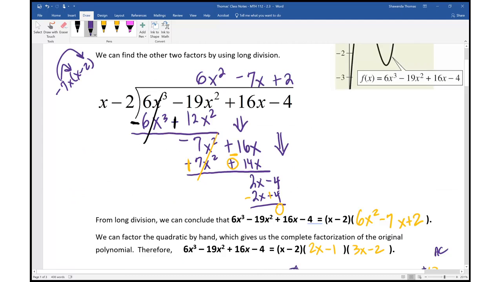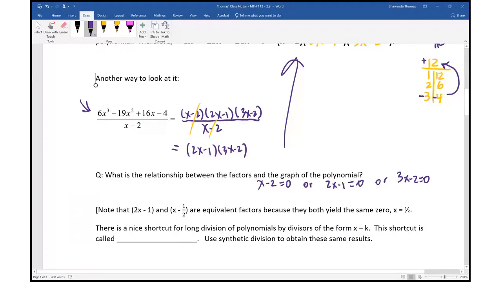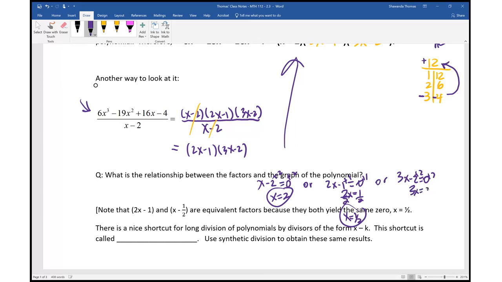So you add 2 here, you get that 2. Add 1, you get 2x equals 1, divided by 2, x equals 1/2. And then you add 2 here, you get 3x equals 2, divided by 3, x equals 2/3.